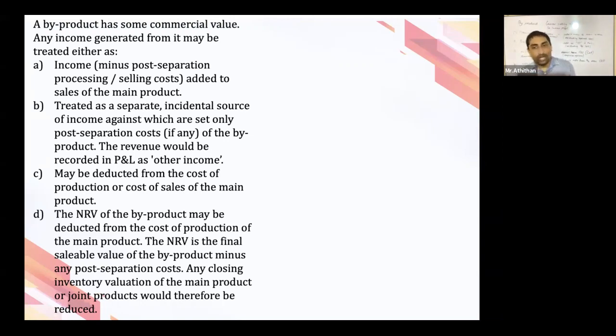So it's recorded as P&L other income, and may be deducted from the cost of production or cost of sales of the main product.